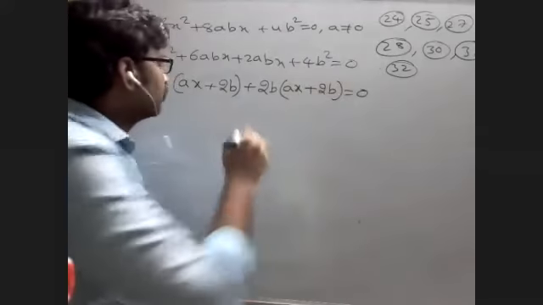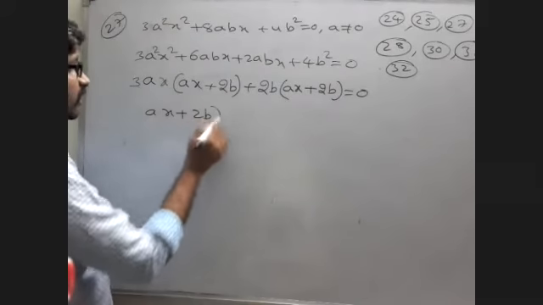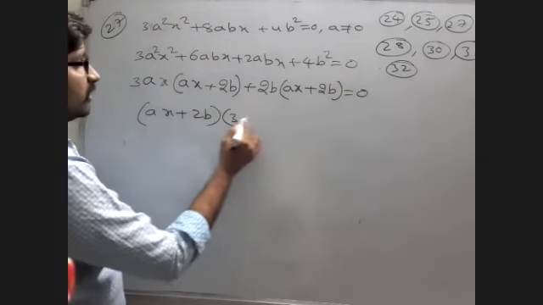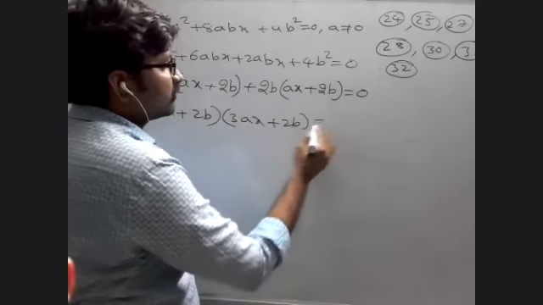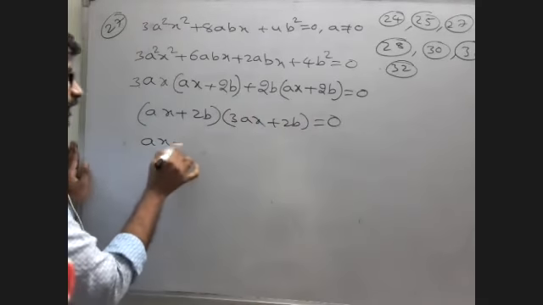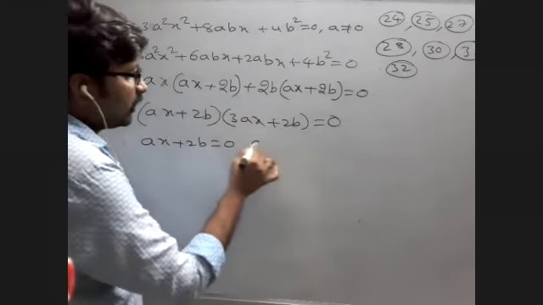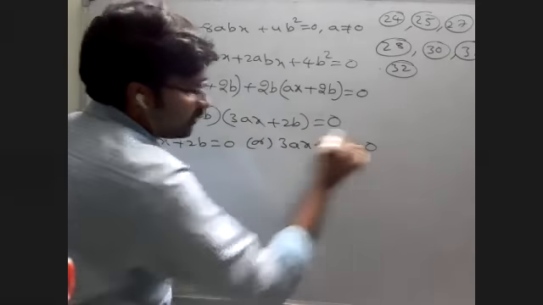Now ax plus 2b we can take common, remaining 3ax plus 2b is equal to 0. Now zero product rule we have to apply. Ax plus 2b is equal to 0, or 3ax plus 2b is equal to 0 we have to write.